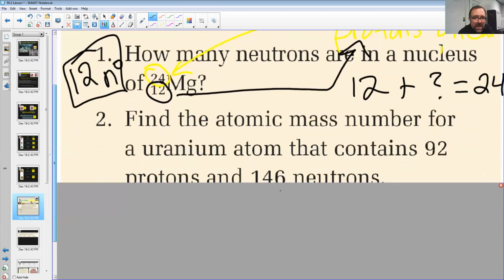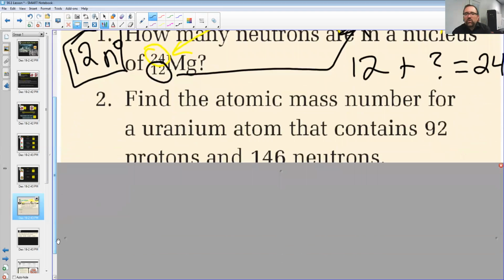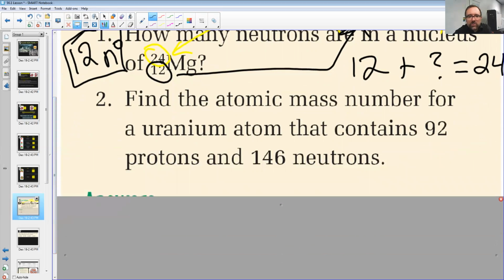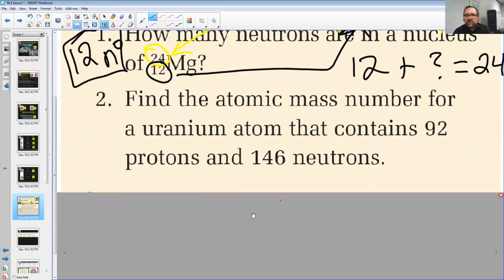Find the atomic mass number for a uranium atom that contains 92 protons and 146 neutrons. So as we said earlier, to figure out the mass number, we have to add protons plus neutrons.